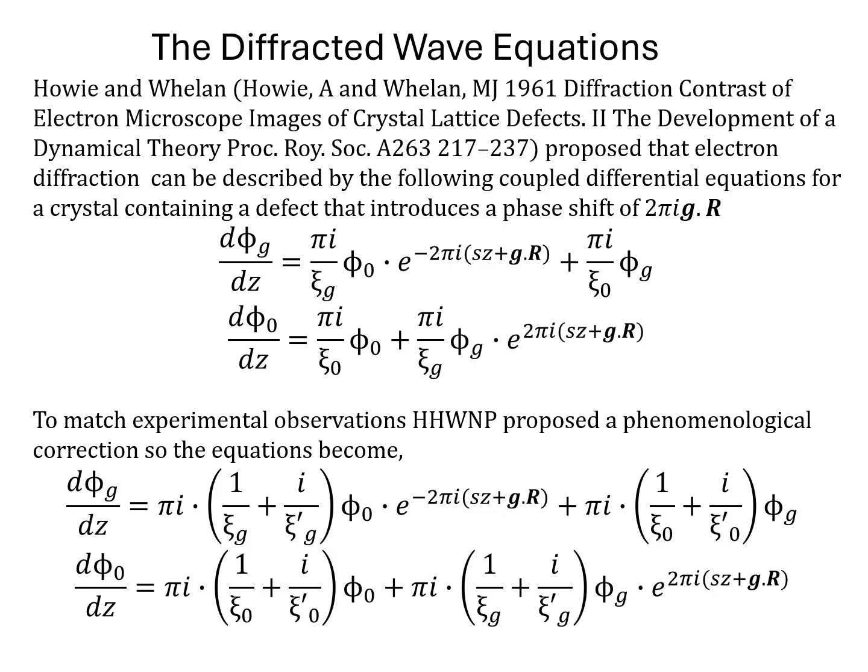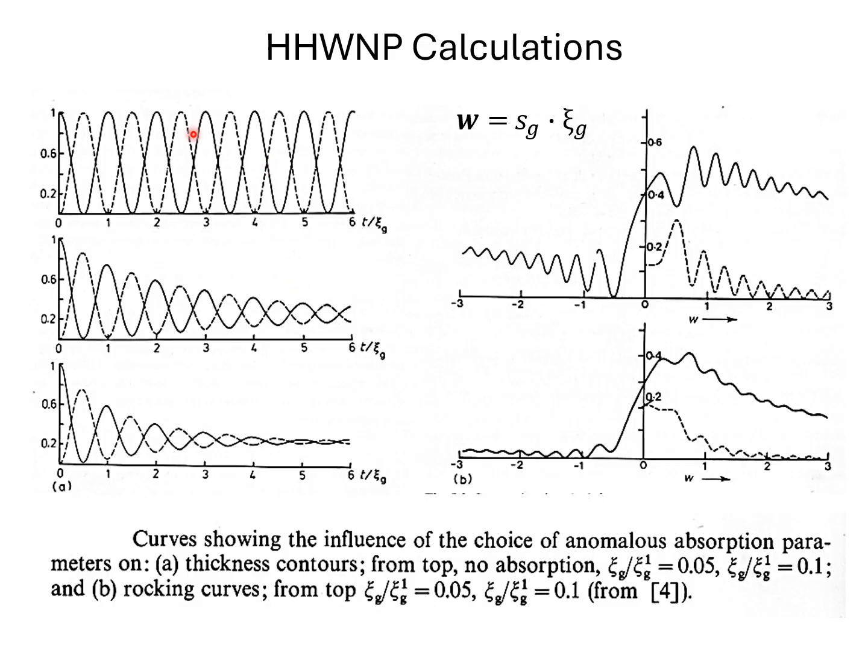And what are we talking about? What's observed is the variation in the intensity as you go down the crystal for different combinations of these extinction distances, and also the variation as one moves between S positive and S negative. And this is directly from Hirsch, Howie, Whelan, Nicholson, and Pashley.